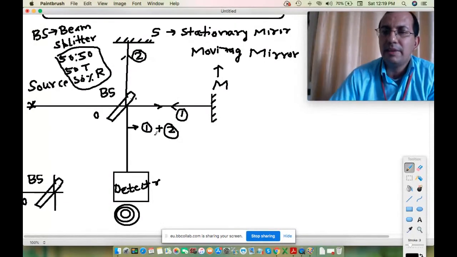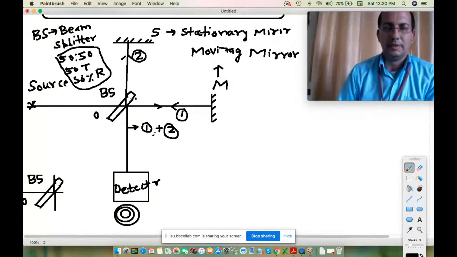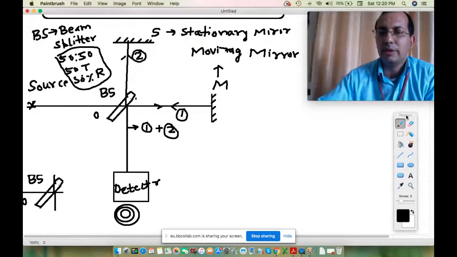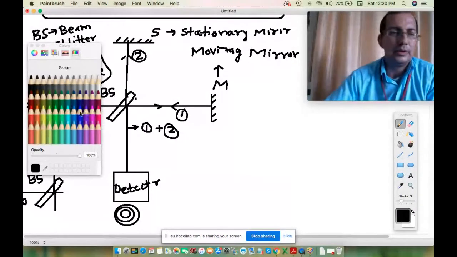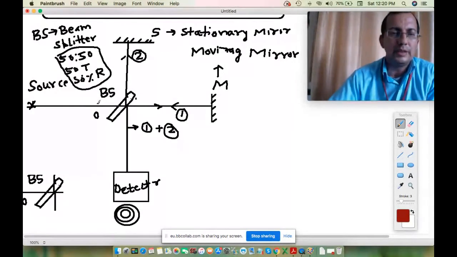Now, can you tell me how many times the beam will traverse the beam splitter? Let's count ray number 1 because it started from here. Initially, the ray of light is going toward the movable mirror.